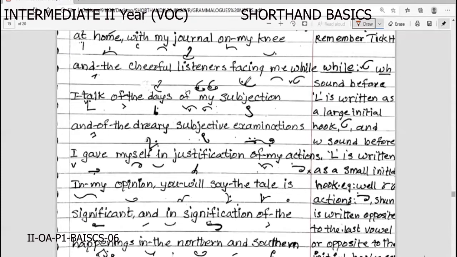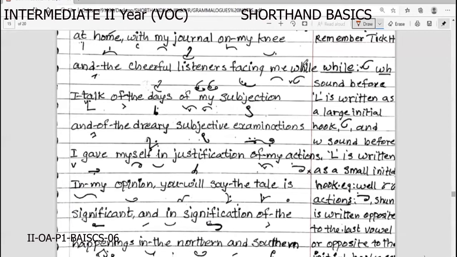Okay. Listeners, facing: F on the line, A and circles and N. Facing. Me: M above the line is me. While. The rule behind while is when W is followed by the aspirate, WH is there and L is there, you're going to put a large hook to L. How do you represent WH to L?